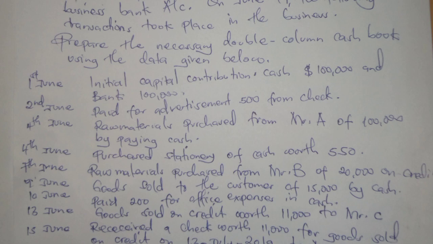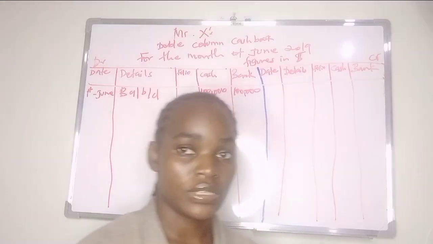Then the second transaction says paid for advertisement of 500 by check. So they paid for advertisement by check. Advertisement is a payment, so we are going to credit it. It was paid by check, so we shall put it in the bank.